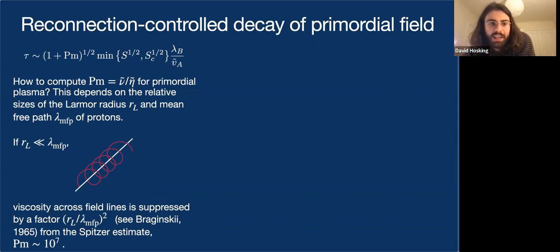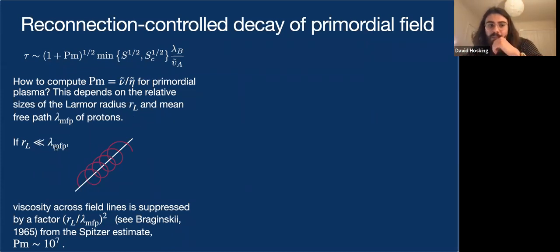If the mean free path of the proton motions is much less than their Larmor radius, which is to say the limit of weak magnetic field, then everything is standard plasma viscosity, and one goes with the standard Spitzer theory of plasma viscosity.